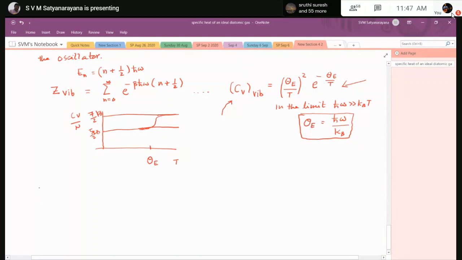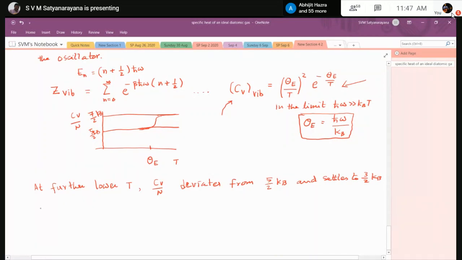At much lower, further lower temperature, C_V by N deviates from 5 by 2 k_B and settles at 3 by 2. Now, why does this happen?